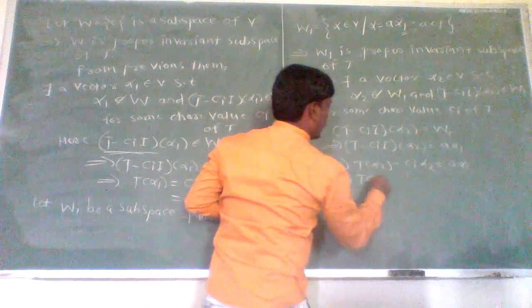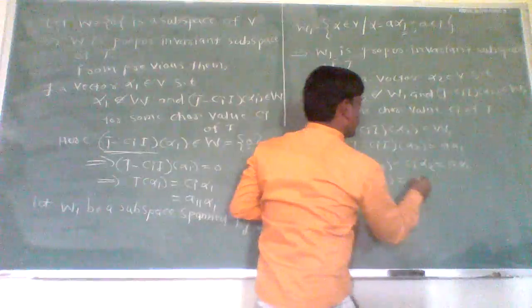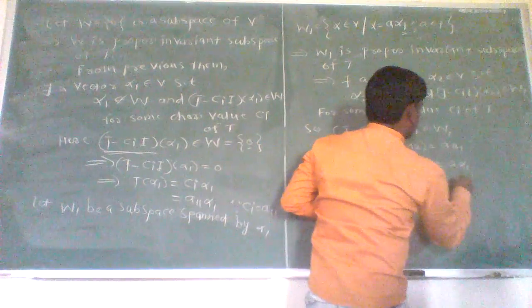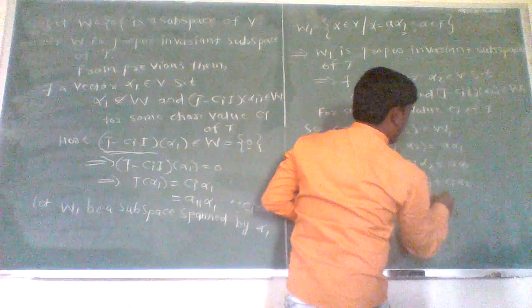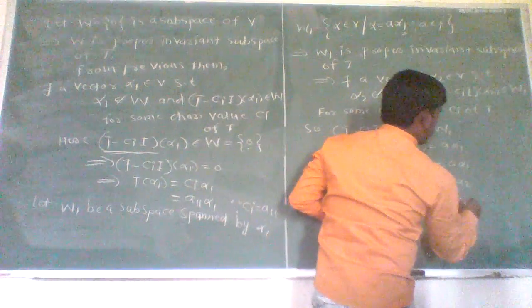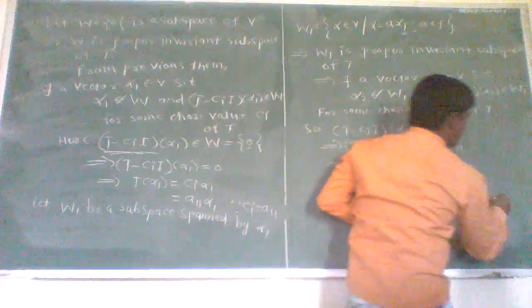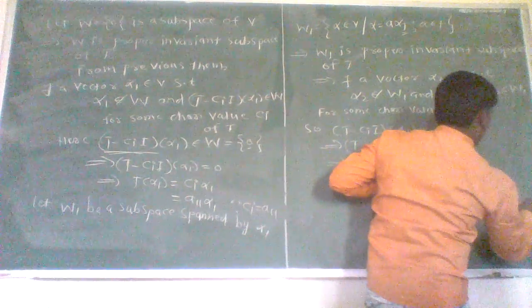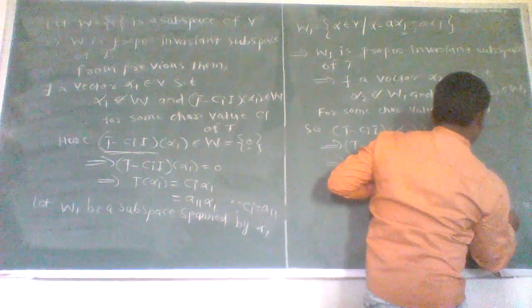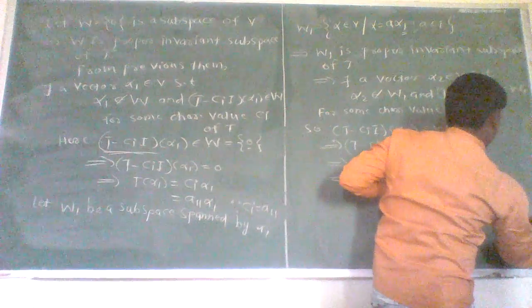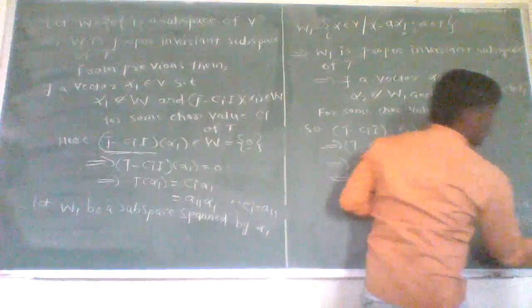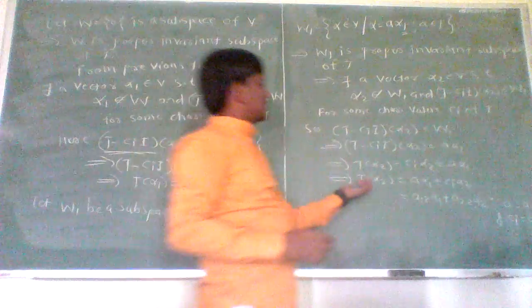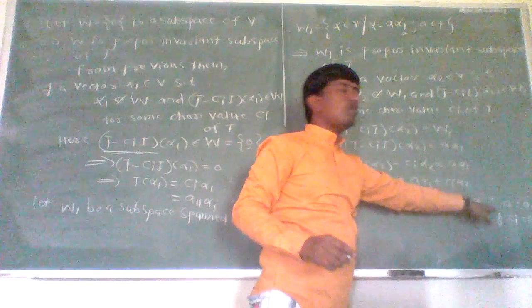This implies T of alpha 2 is equal to a alpha 1 plus Ci of alpha 2, which is nothing but a12 of alpha 1 plus a22 of alpha 2, since we put a equal to a12 and Ci equal to a22. So here T of alpha 2 is a12 times alpha 1 plus a22 times alpha 2.